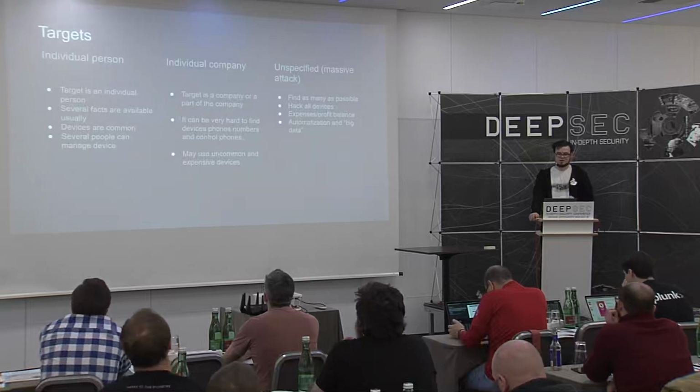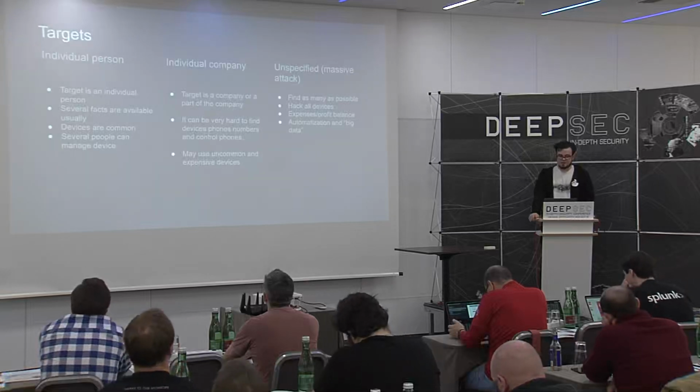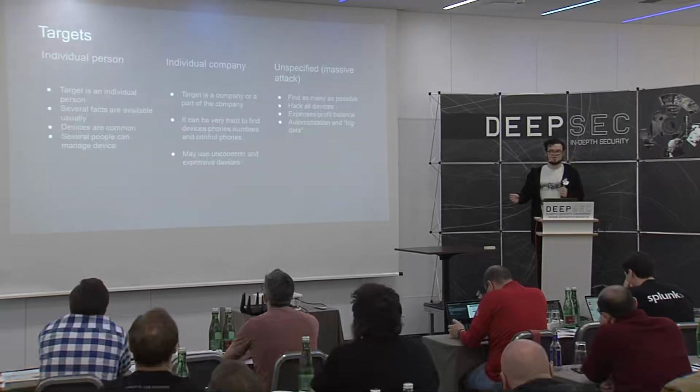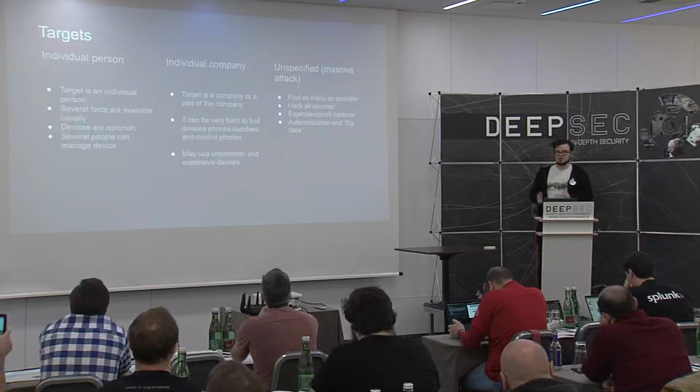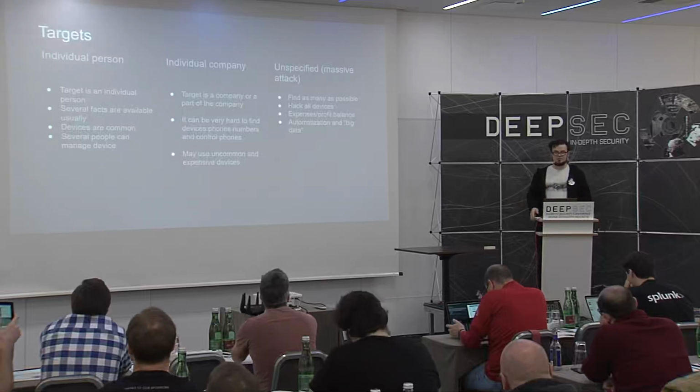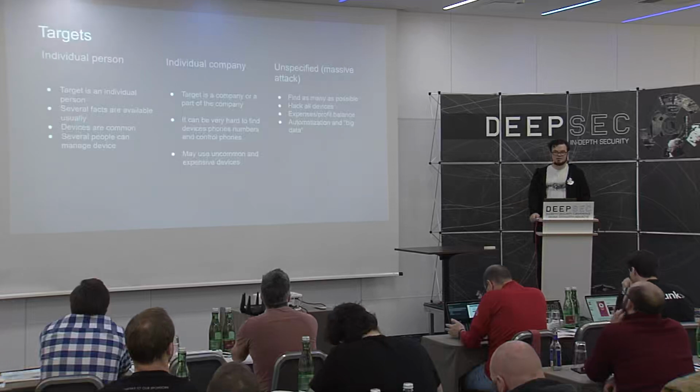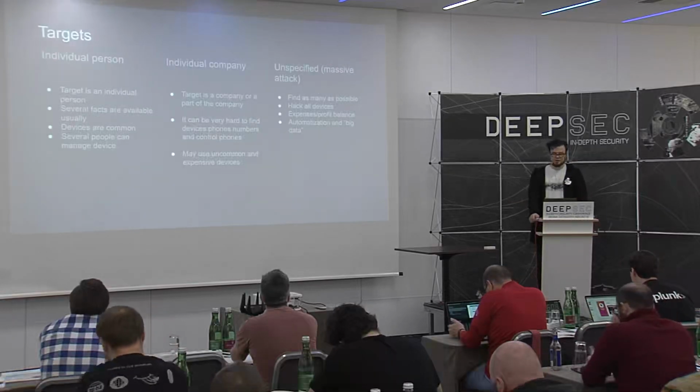of targets. First, the individual person. It means that, for example, if I am an attacker, I know that the guy on the next street has a very rich house, and I want to steal something. I know his phone number, maybe I know his name.